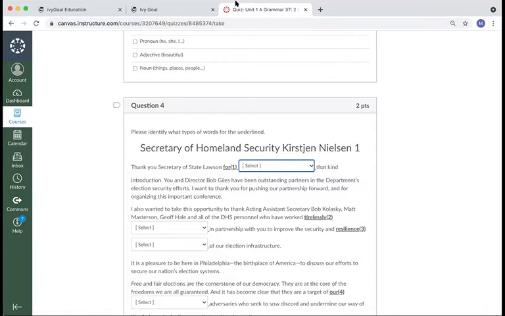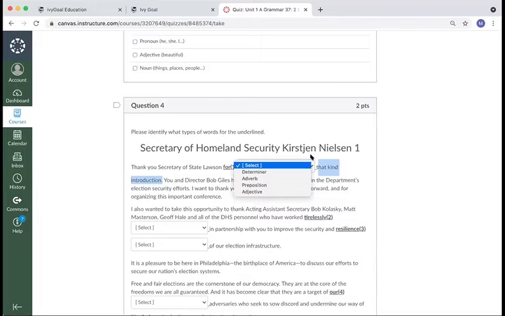So let's start with Maggie. Can you read this sentence, please? And then answer for me what kind of word the word for is. Thank you, Secretary of State Lawson, for that kind introduction. Yeah. So what is for?